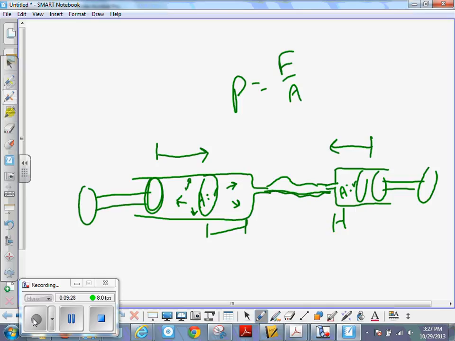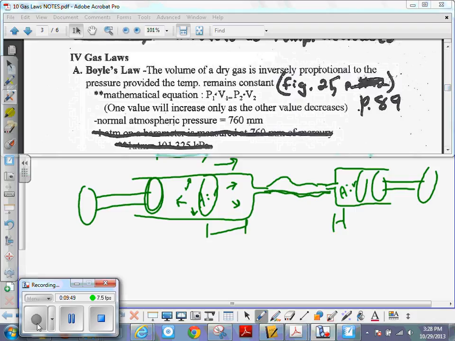Well, not really. But the particles don't have to travel as far before they hit the next particle. So you're increasing the number of times that you hit something, therefore increasing the number of times you're forcing on the area. Doesn't the temperature increase a little bit? No. So tomorrow we will talk about doing math with Boyle's law.